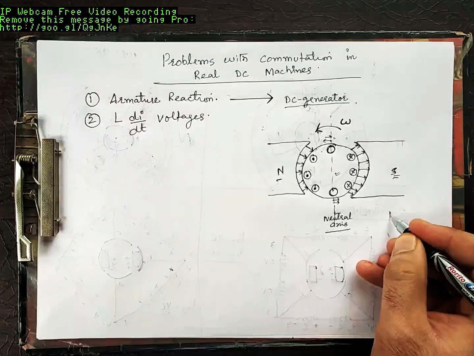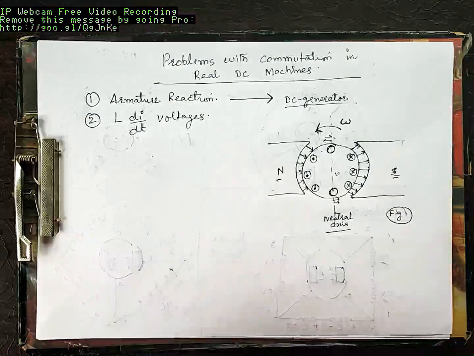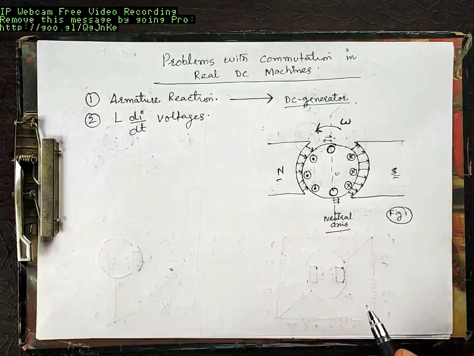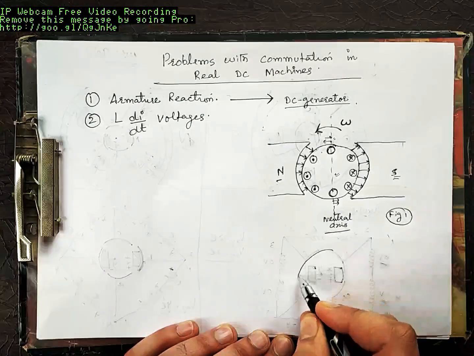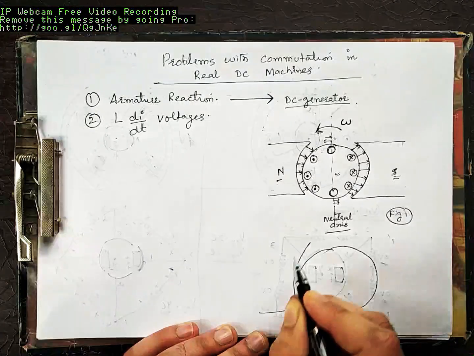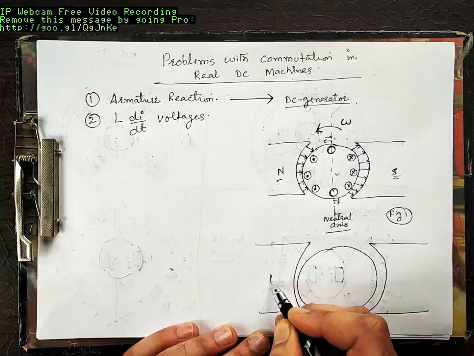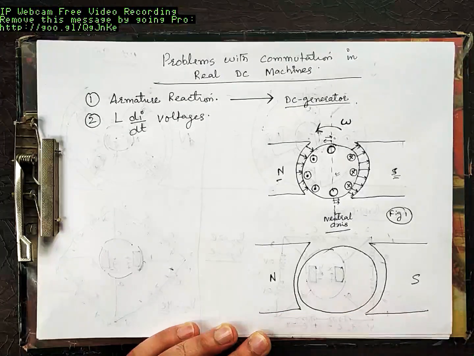Let's suppose this is figure 1. Let me draw that armature magnetic field first. This is north, this is south.